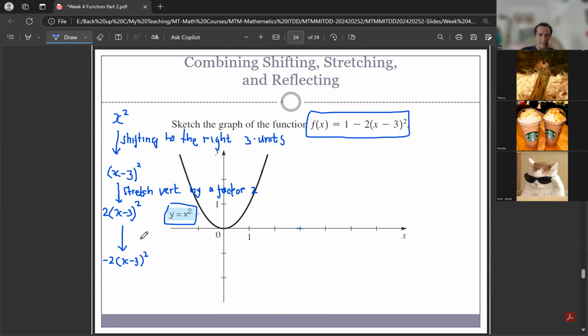Reflecting. Reflecting in the x-axis or y-axis? Okay, this is reflect in the x-axis.